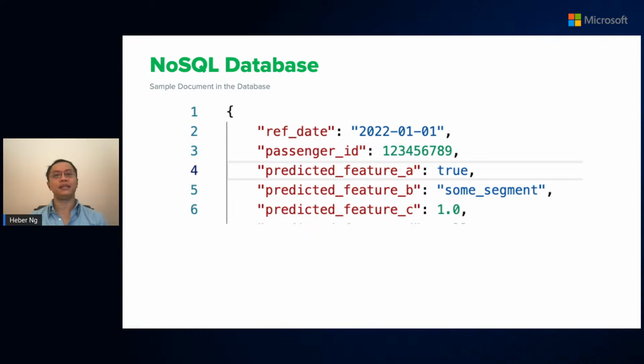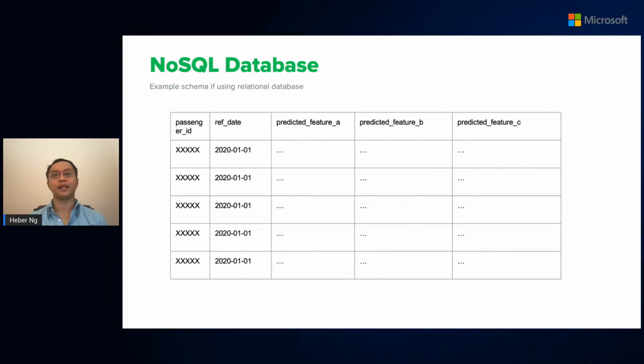A single document is usually represented as a JSON object, as you see on screen, where the internal fields of the objects can be loosely structured. Whereas a relational database requires well-defined schemas that are inflexible to change. The properties of a JSON object document in a document database can be easily added, updated, or removed.